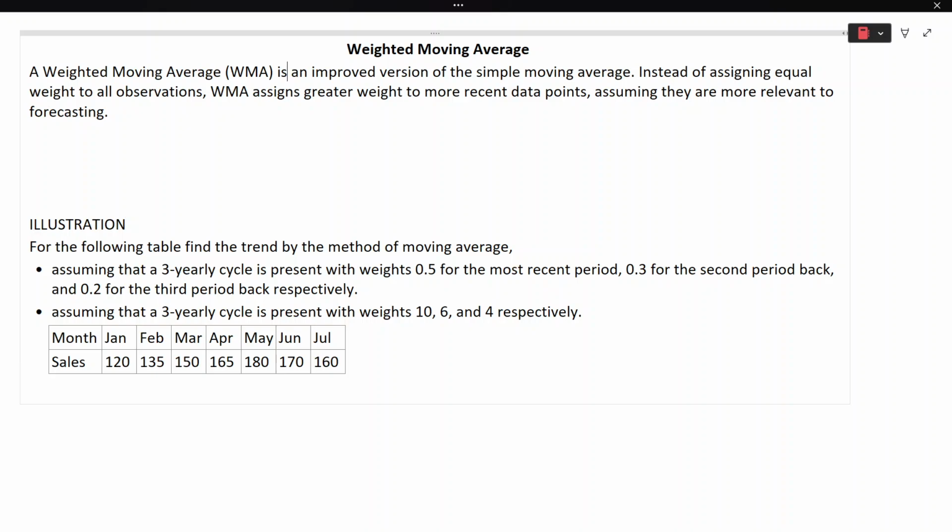Thus, instead of assigning equal weight to all observations as we've done in the simple average, the weighted moving average assigns greater weight to more recent data points, assuming they are more relevant to forecasting. So how do you find the trend by the method of weighted moving average?